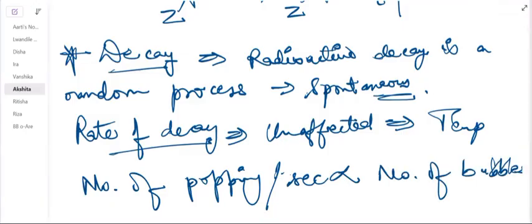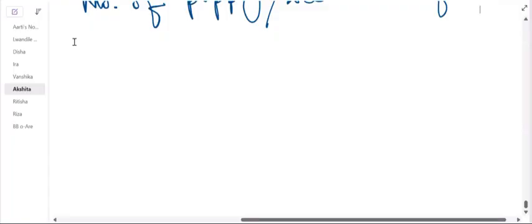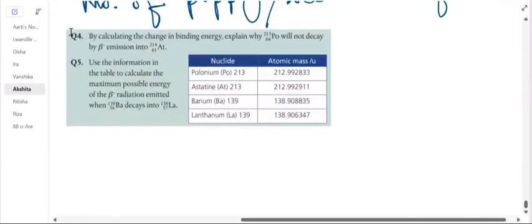Okay. So I'm giving you one question. Just solve this. Or you can take the screenshots. Check. Okay. Please do it.